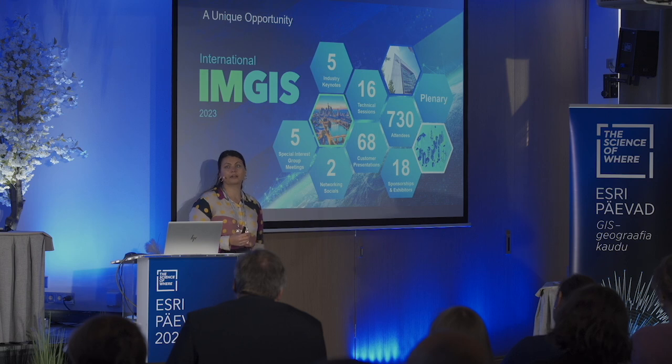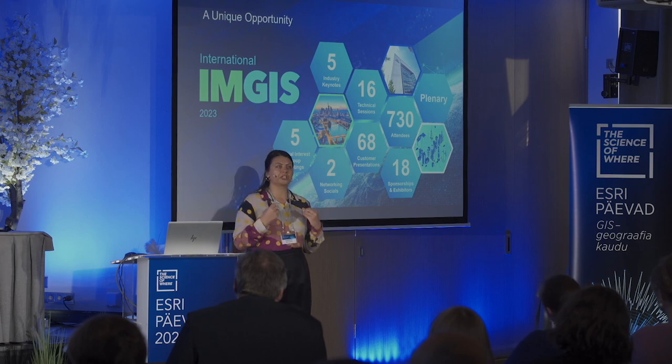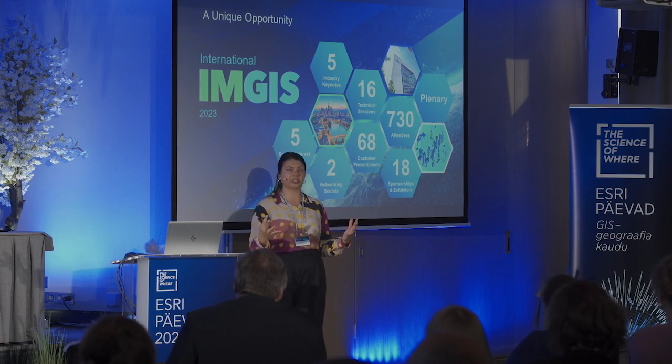It has been a huge success. We planned for 500 users, and as you can see in the stats, we actually had 730 people, customers, partners and users, because it was a much needed event to join conversations with your peers and talk about the digital transformations taking place in infrastructure companies.